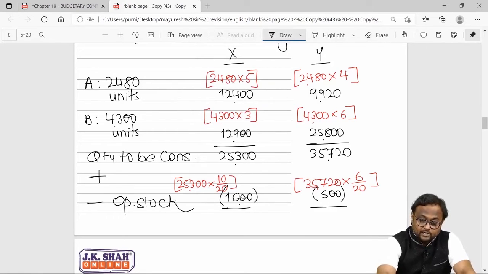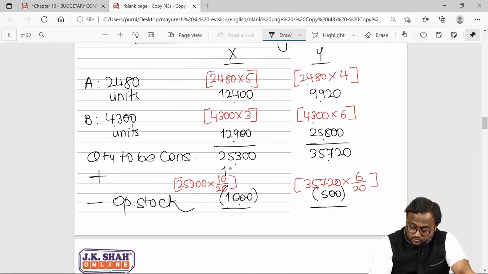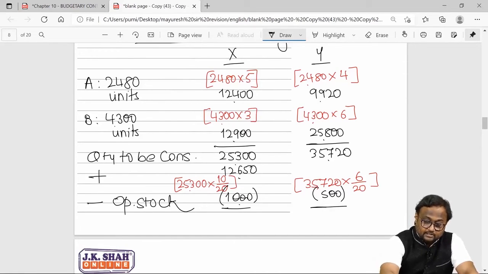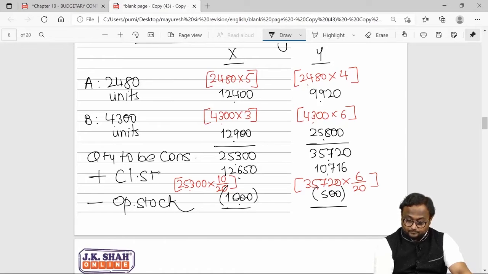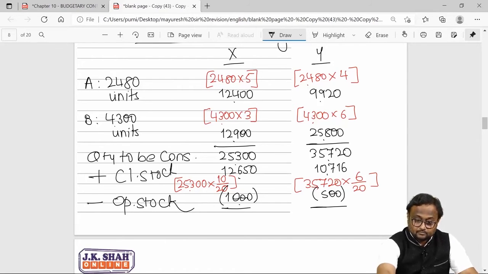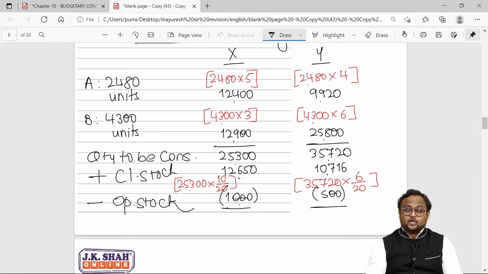How much will be for 10 days? 12,650. And 35,720 is my consumption for 20 days, which is required only for 6. So 10,716 is what I need. So that's my closing stock.